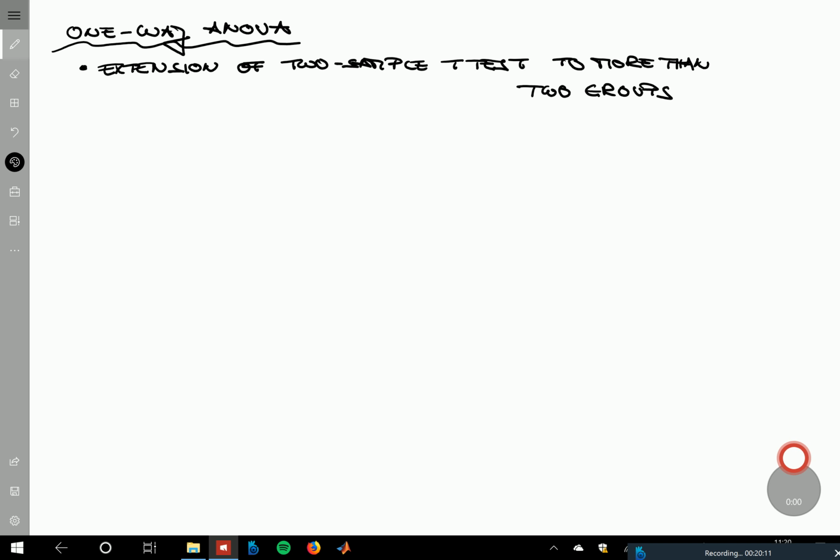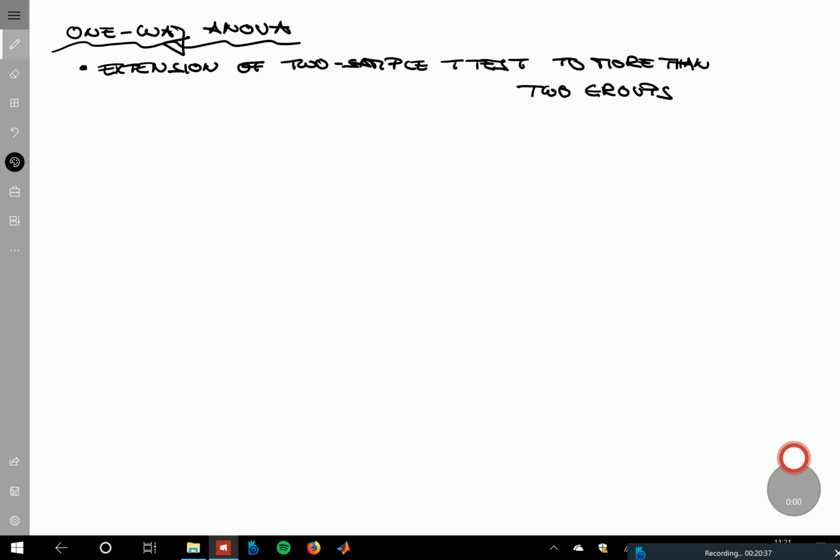So in a one-way ANOVA setting, we said that we have multiple groups, yeah? And in these multiple groups we have, of course, multiple data points. So remember that you use ANOVA if you have more than two groups, but in these groups you also have multiple data points.